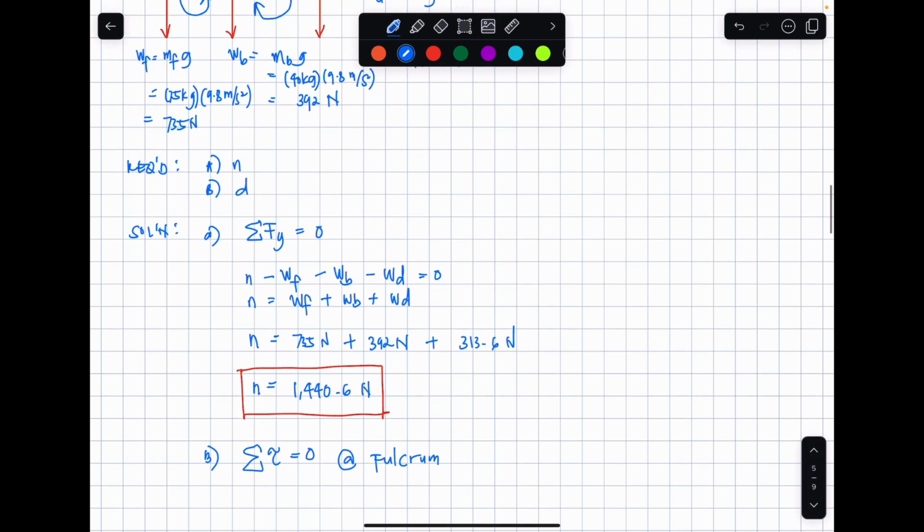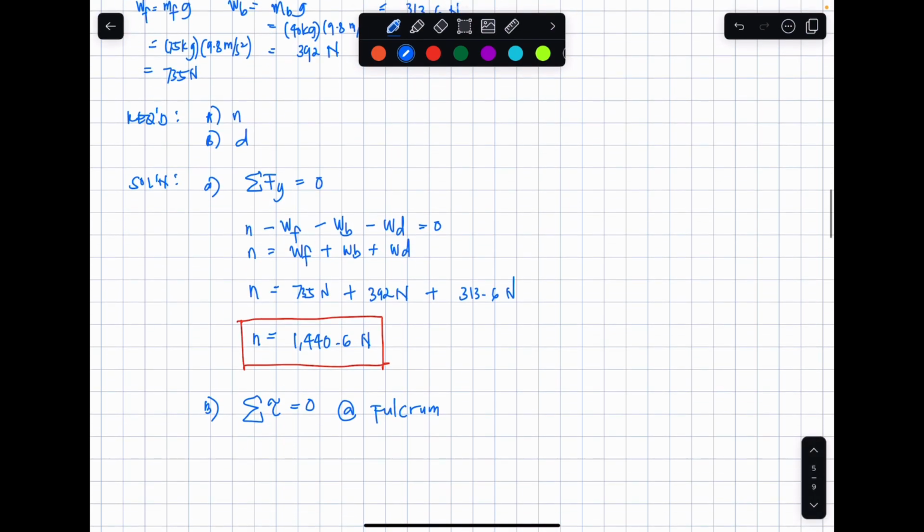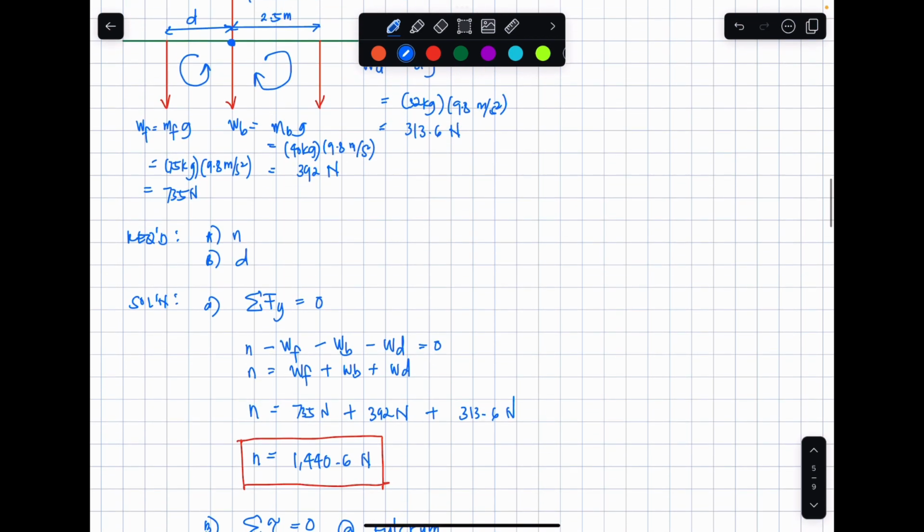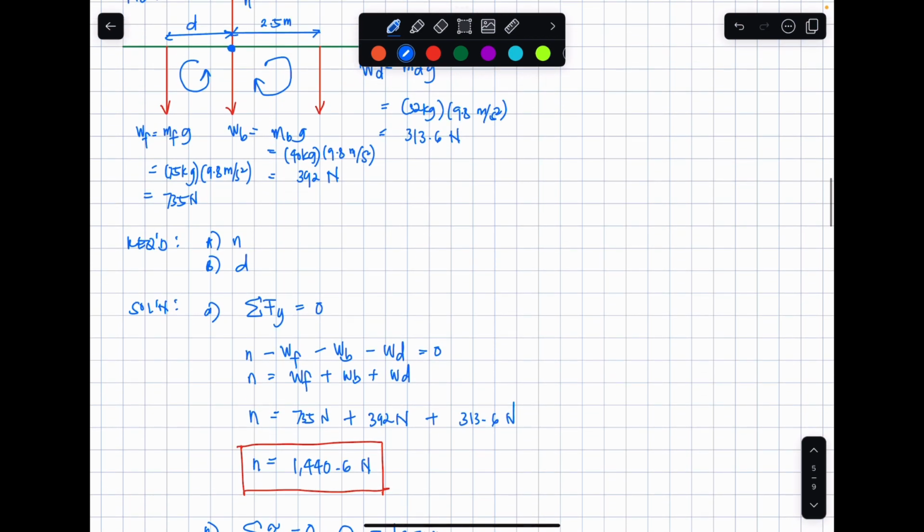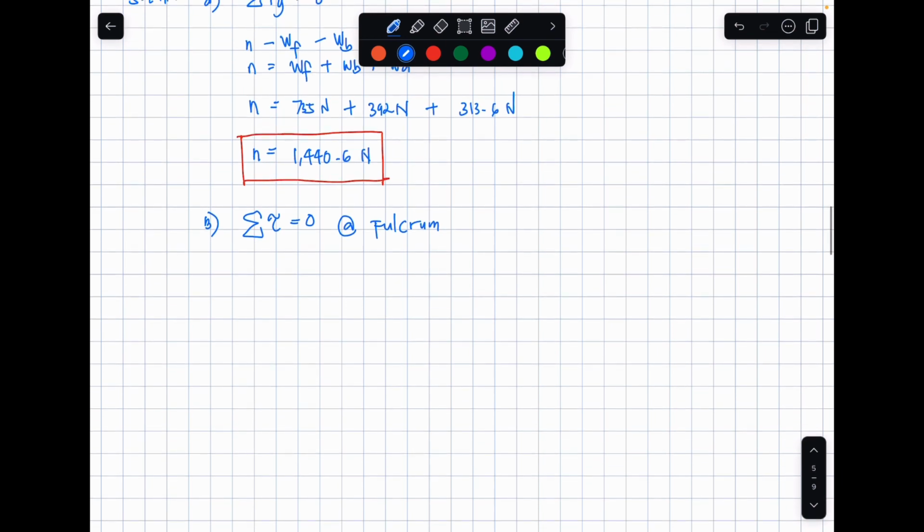In that case, the torque is just equal to the force multiplied with the distance. So that would be the weight of the father multiplied with d.